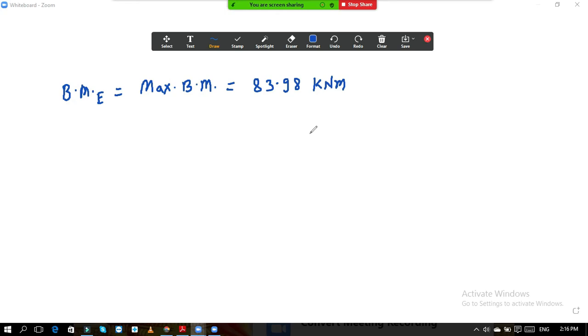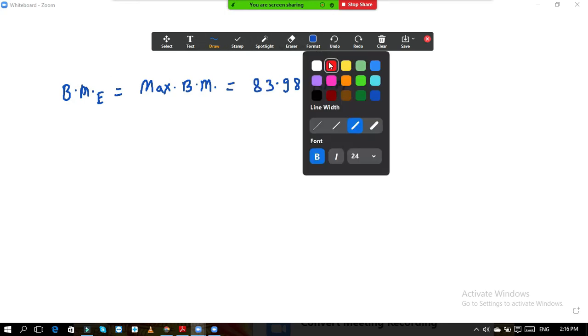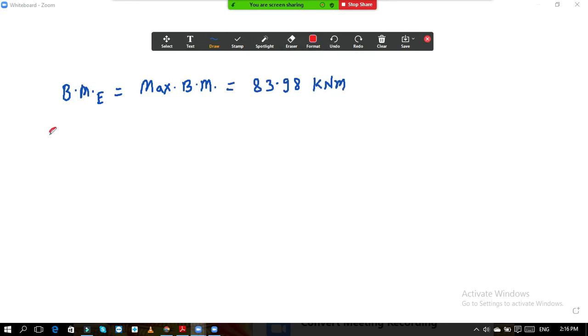What we usually do while designing anything, once we calculate the bending moment, we always check for the depth. Now next thing is check for depth.